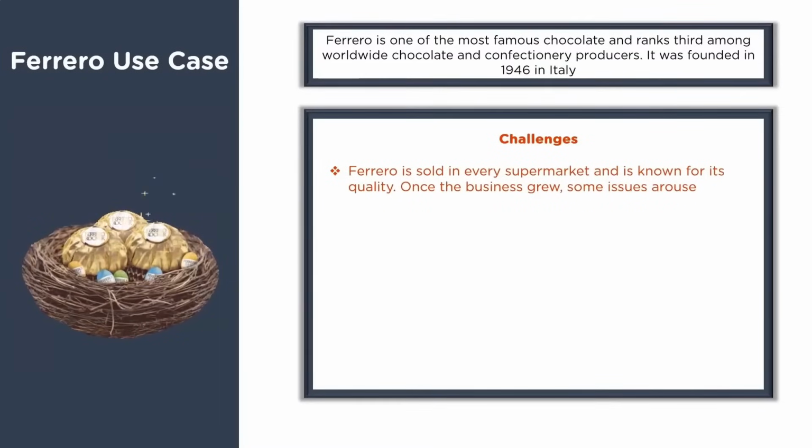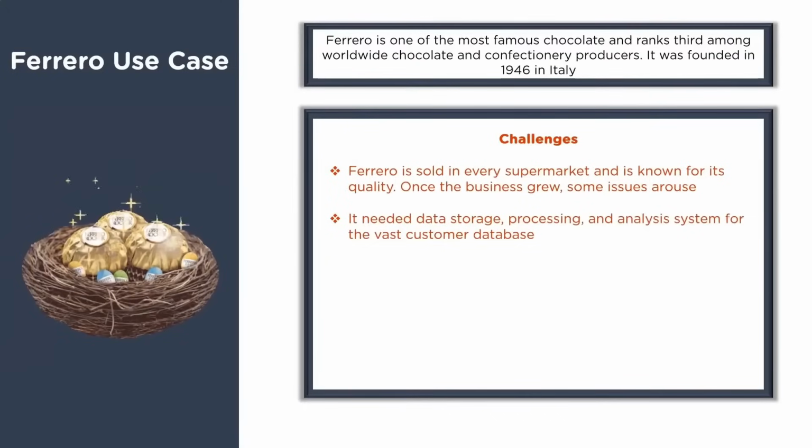You have issues popping up, which could be related to the volume of data, the speed with which the data is getting generated, the variety of data, and also your platforms which support different dynamic applications or your scalability requirements, performance requirements, and so on. So it needed a data storage, processing, and analysis system for a wide customer database.